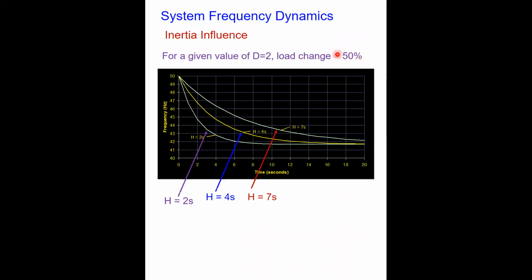That means 50% more load on the generator. You can see the profile of the frequency change, and it is shown for 7 seconds, then much lower, 4 seconds, and then much lower, 2 seconds.